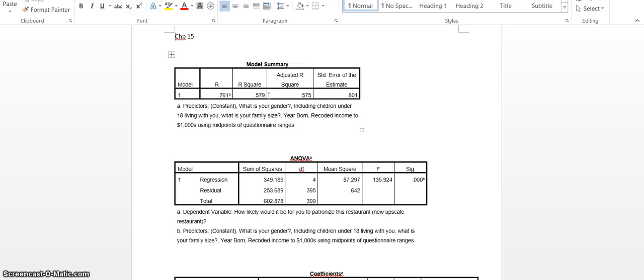What this R squared means is that it accounts for 57.9% of the results. And this adjusted R squared is also the accountability, but it just looks into the independent variables.